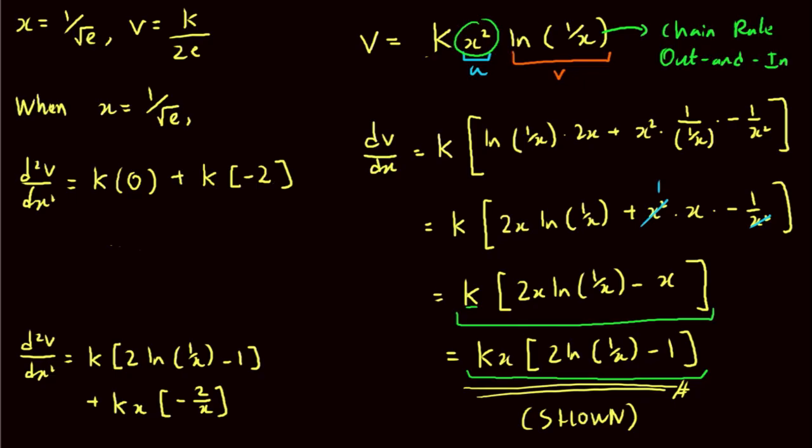Why I say k times negative 2 is because I didn't simplify this part, but if you simplify it would be 1, right? So therefore you'll end up having negative 2k. So what does it mean by having negative 2k? That means to say that x equals 1 over root e is a maximum. So it's a maximum value.